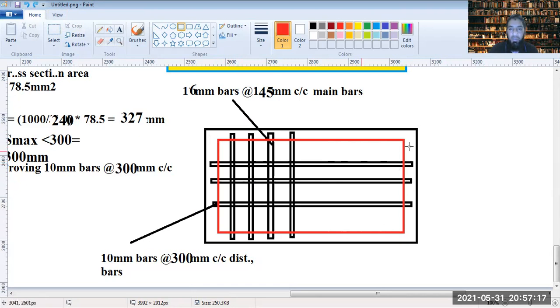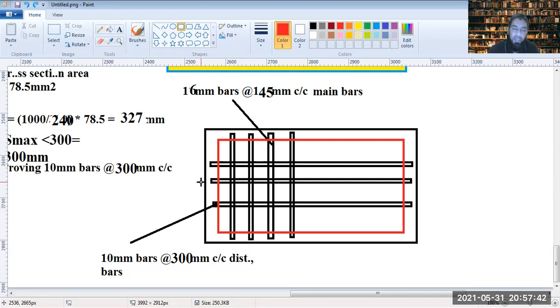If this is the support within this red and the black line here, then you are actually extending the bars over the supports as well. And you need to provide the cover from the ends. So if this is 300 in total, the support, you need to provide a cover of 30 as required on the bottom face. Similarly, you need to provide a cover on the sides as well.